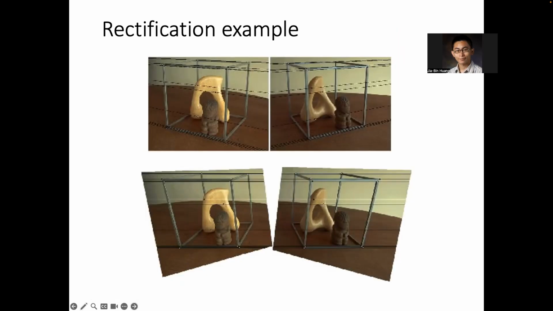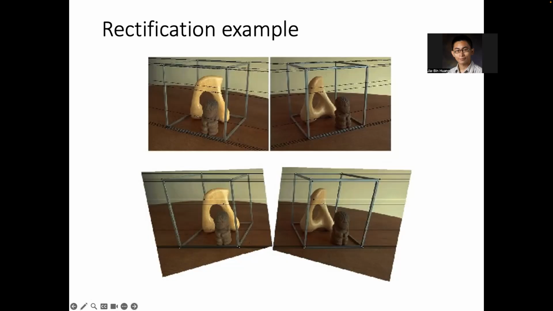But if you rectify it, basically you transform the first image and the second image in this way. What you find is that now the horizontal lines are parallel to each other, which makes it much easier to find the correspondence.